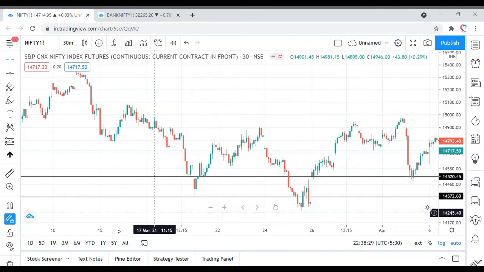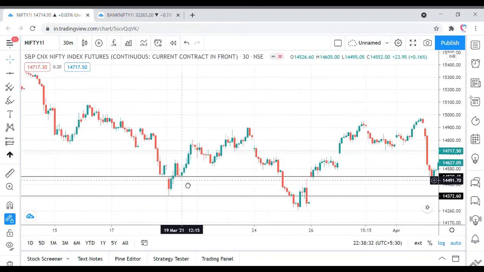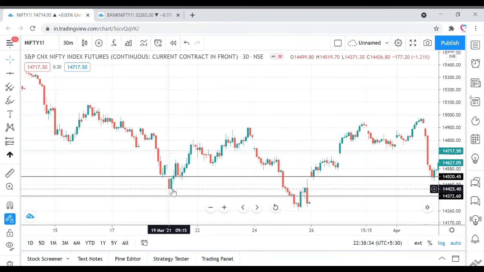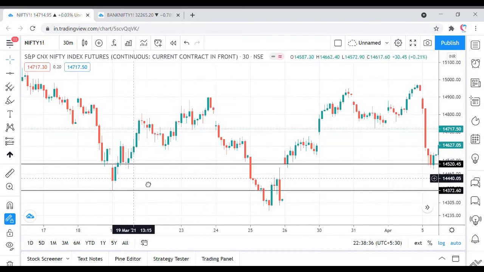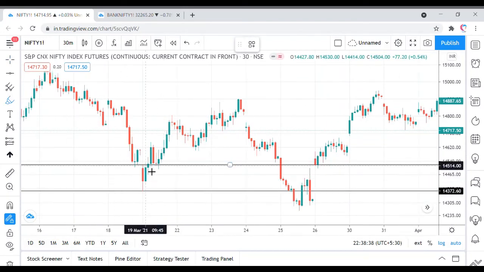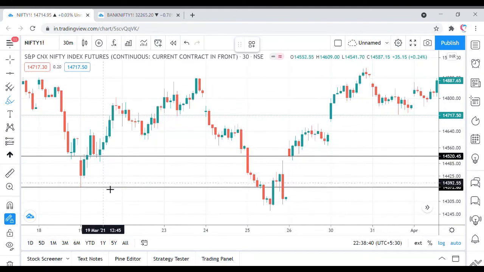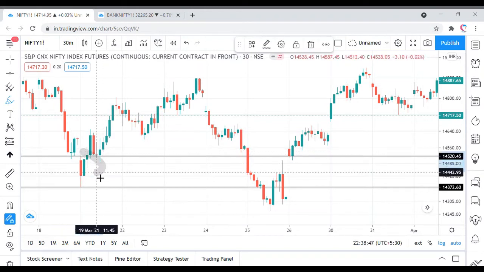But you can see according to our setup, on 19th of March, you will go and take a long trade on the third candle. See the third candle, if you go close, it breaks out and closes above the high here, you can see.